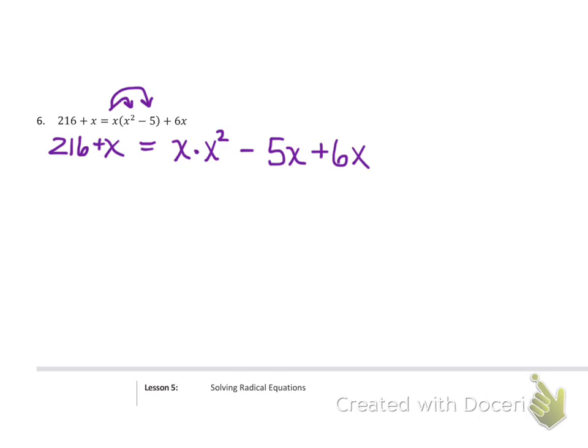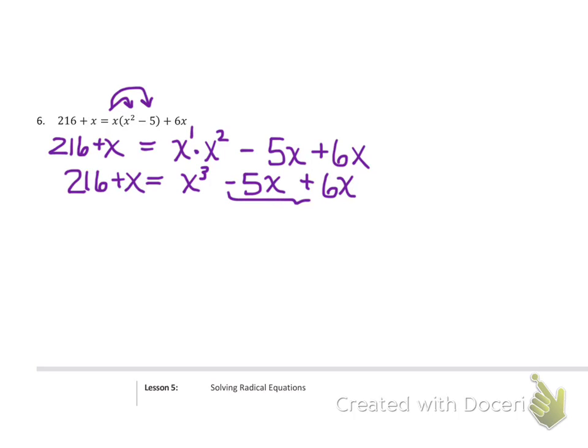Okay, so let's straighten out the right side before we move anything around. So x times x squared is x used as a factor 3 times, so that'd be x cubed, right? I also can use my exponent rules and just add them. 2 plus 1 is 3. Now I've got minus 5x plus 6x.